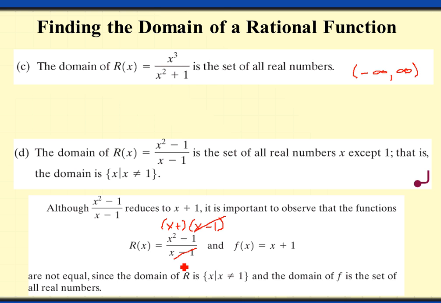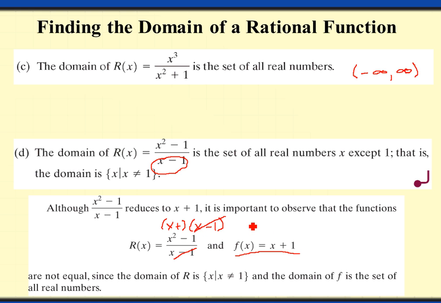And so in reduced form, r of x would be equal to x plus 1, except we already know that r of x is really defined this way, and x can't be equal to 1.